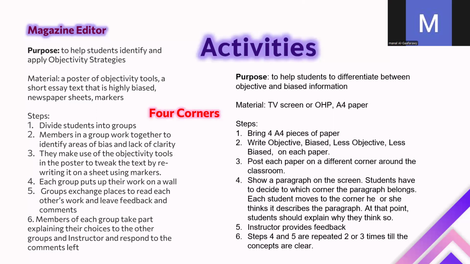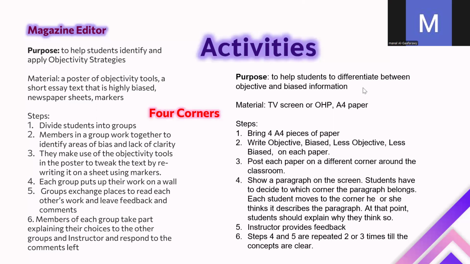Members in a group work together to identify areas of bias and lack of clarity. They make use of the objectivity tools posted on the wall, and then they rewrite the text on a sheet using the markers.